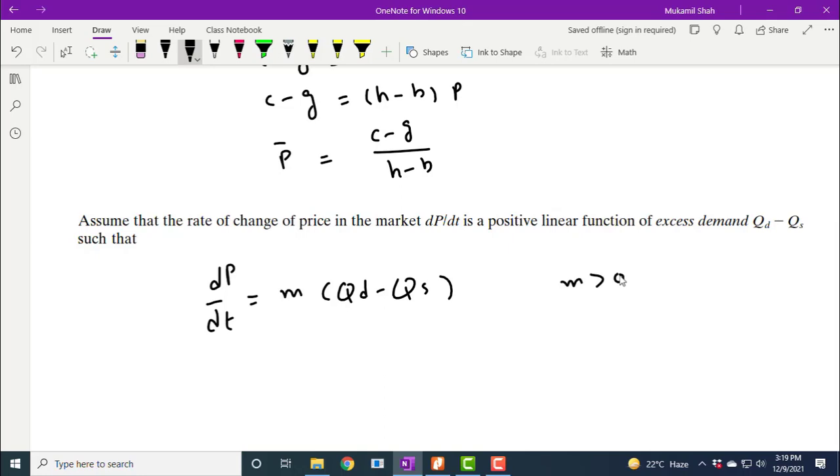Excess demand is QD minus QS. Now this is a differential equation.